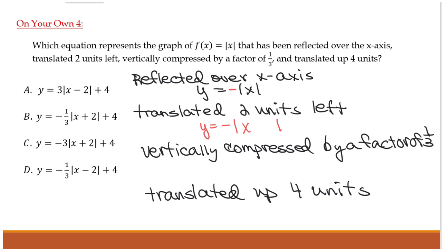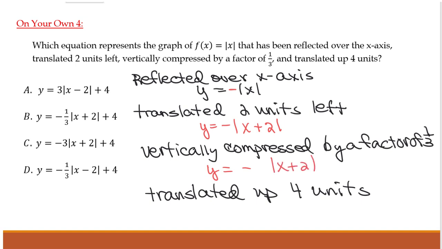So going left means that I'm going to add 2 inside that absolute value. So now I have the equation y is equal to negative absolute value of x plus 2. Okay, I'm going to bring that down.